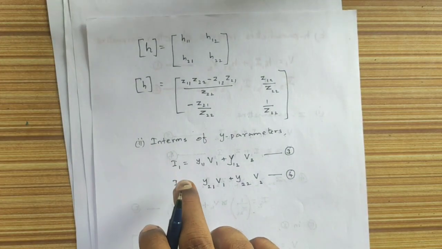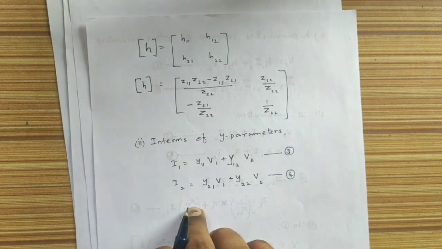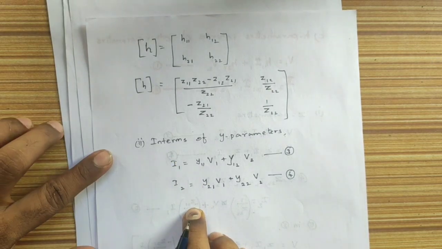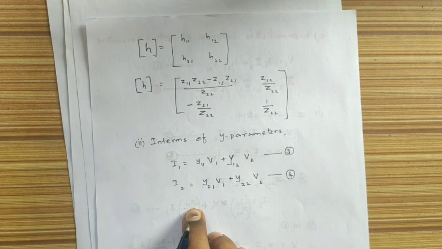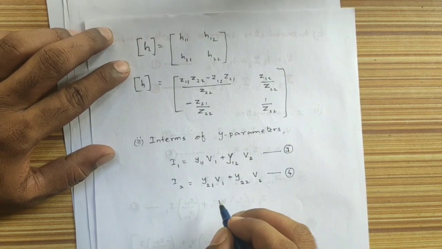Though here I am having same parameters, on the left hand side I am having I1, I2, the current parameters, equation number 1 and 2 they are having different parameters. So I have to go for substitution method.